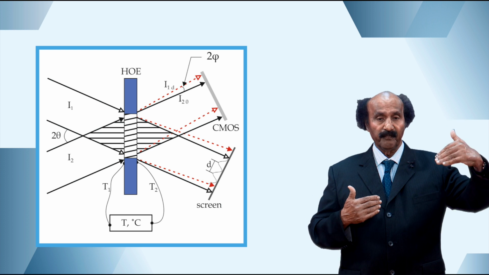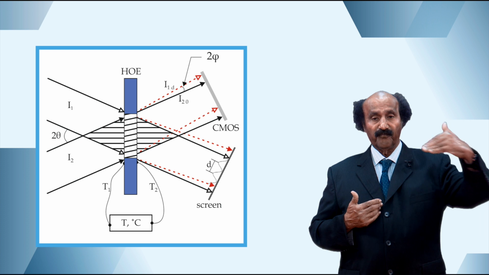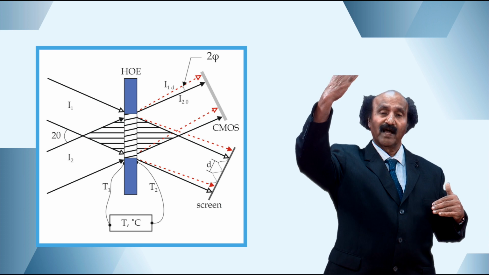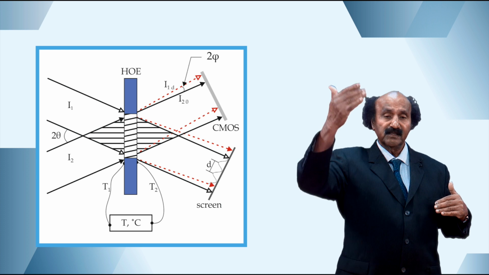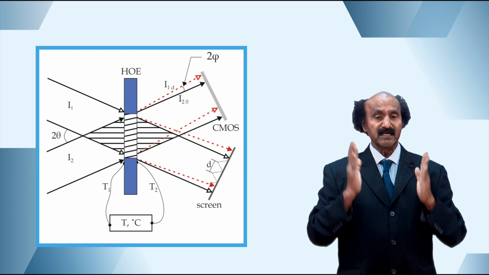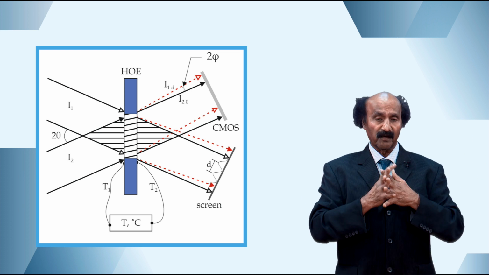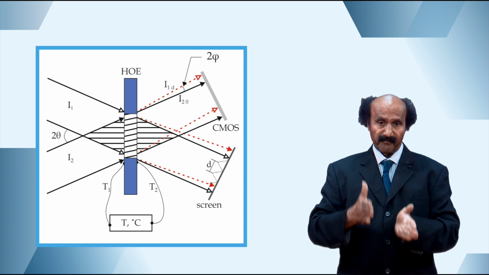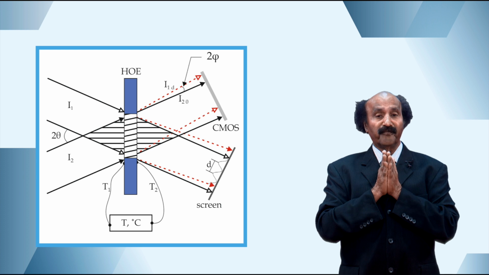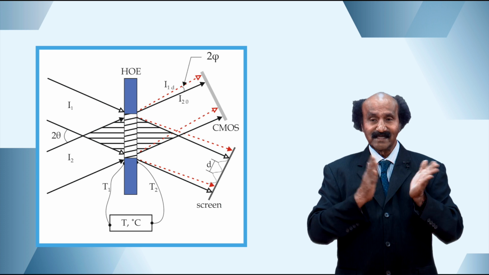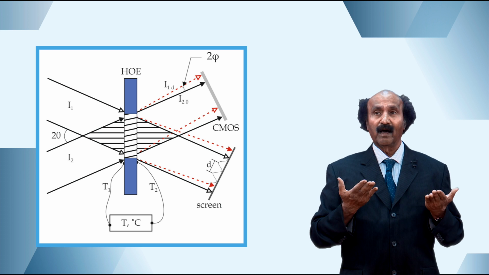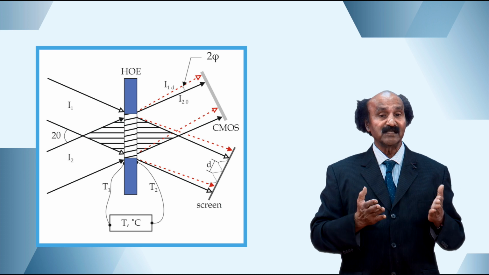put a mirror, and allow 50% of the light to fall on a holographic plate. The other 50% of the light falls on another mirror. These two beams interfere on the holographic plate. Then, depending upon the angle of interference, you will have a number of fringe patterns. Adjust this so that you can have, let me say, 12,000 lines per millimeter.